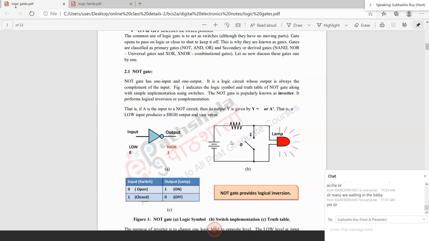And where can you use this NOT gate? You can think of a circuit component like this. Okay, so can anyone describe how this circuit is working? What happens if the switch is connected to one position?